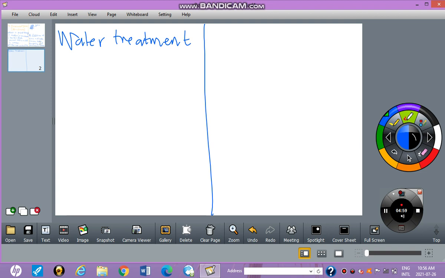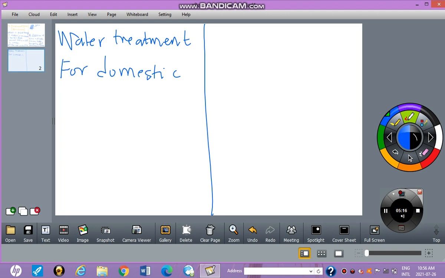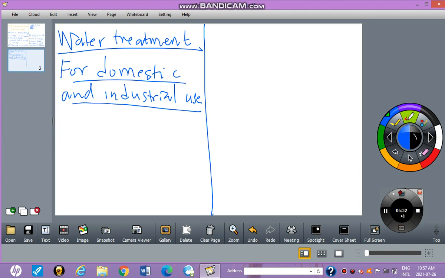Our main target for now is for domestic and industrial use of water. That is where we are. Let me just write some of the processes here.